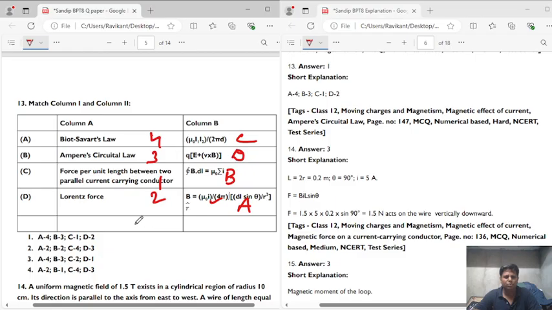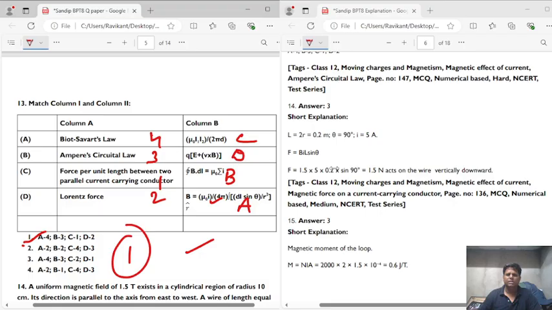So 4312, and it's in the first option itself. The correct answer for question number 13 is option number 1.